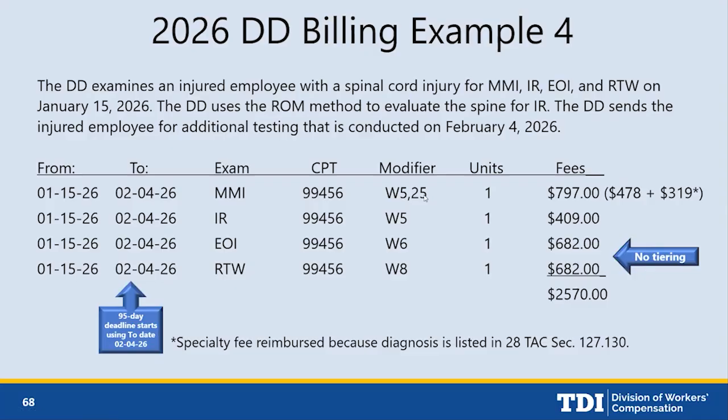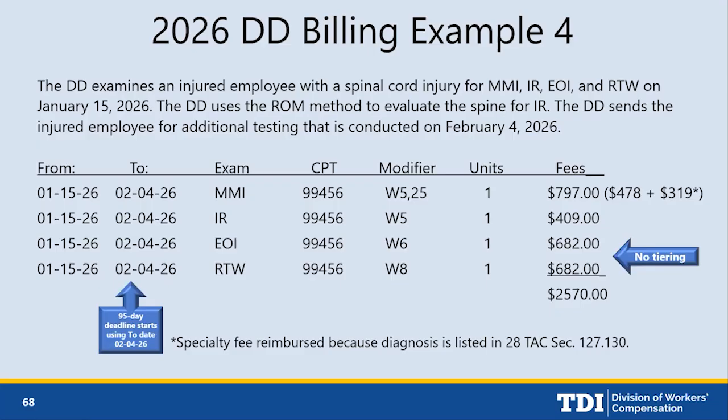So this is a spinal injury. So the DD is going to bill 99456, our W5 for maximum medical improvement, and then that complex specialty fee, and that is going to add $319 to the maximum medical improvement fee.